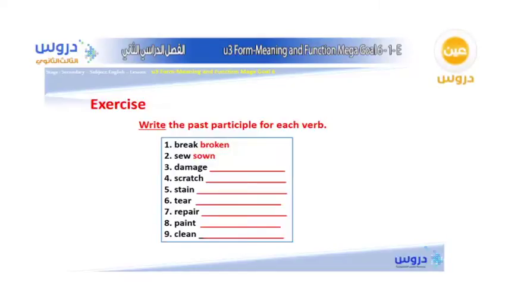It is a regular verb, so we just add ed, either ed or d with regular verbs. So here with number 3 we add d, damaged. What about number 4? Again, regular verb. We just add ed, scratched. Stain, stained.